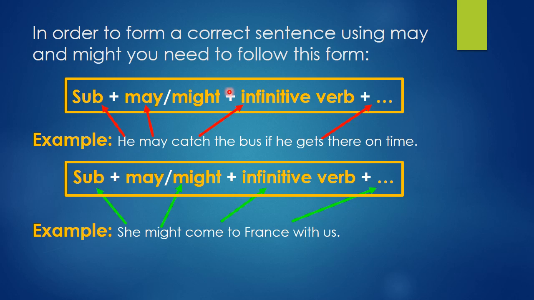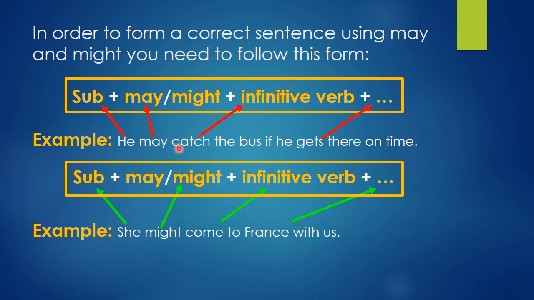But whenever a modal verb comes before the main verb, the main verb turns into an infinitive verb. So always after modal verbs like may or might, can or could, must, and others comes an infinitive verb.